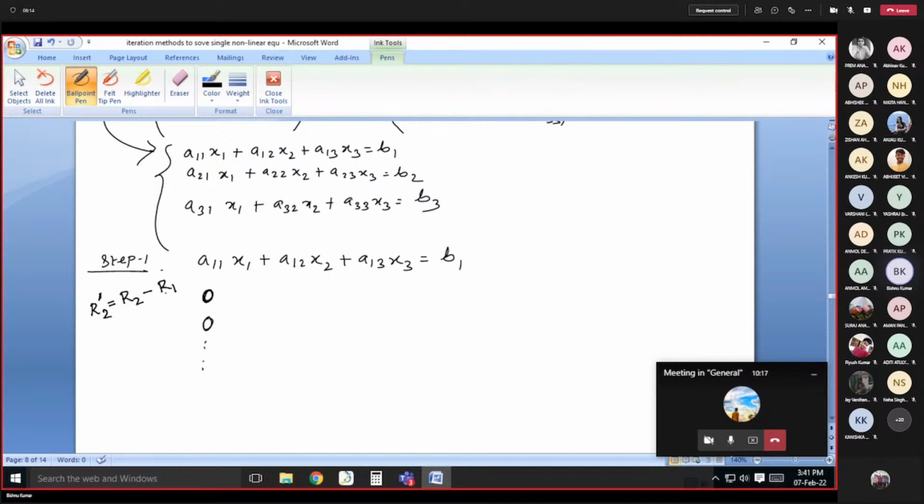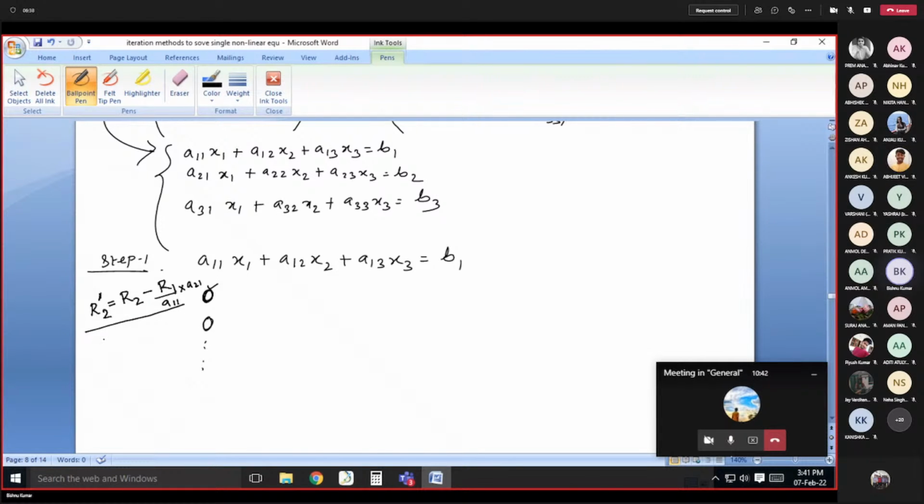So what I will do in R1, you just see R1, I will multiply R1 by 1 over A11, and what is this coefficient? In R2, the X1 coefficient is A21, so I will multiply by A21, such that if I perform this operation, this position will be 0, isn't it?